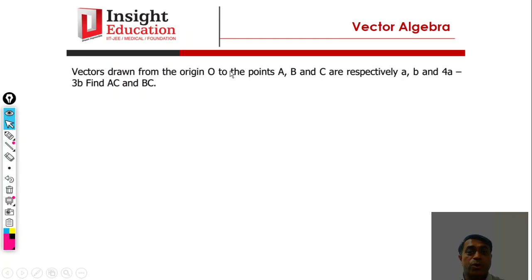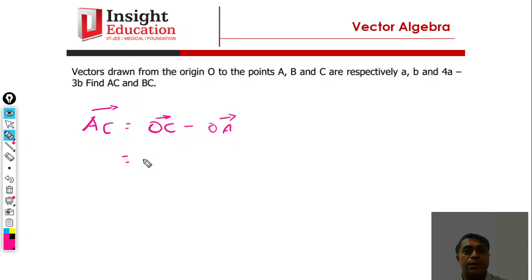Next: vectors drawn from the origin O to points A, B, C are respectively a, b, 4a minus 3b. Find AC and BC. So easily we can do it. AC, I can write as OC minus OA.